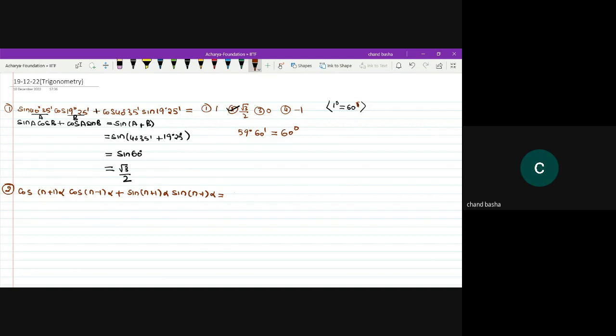We have the options. The first option is cos of 2n alpha. The second option is sine 2n alpha. Third option, cos 2 alpha. Fourth option will be given as sine 2 alpha.